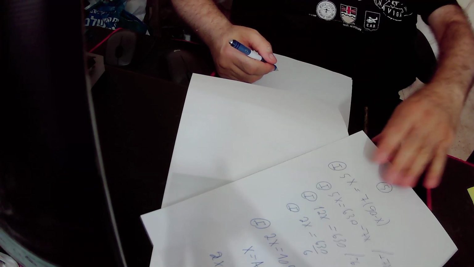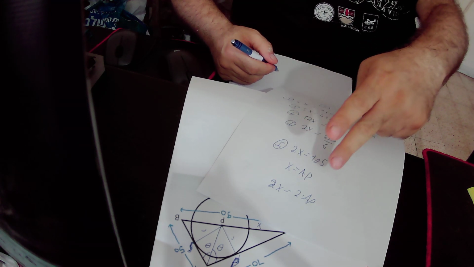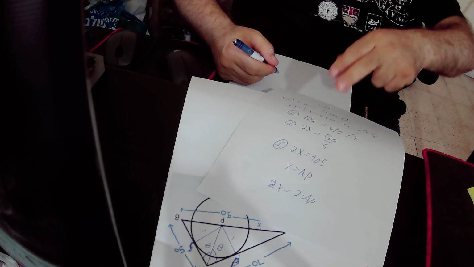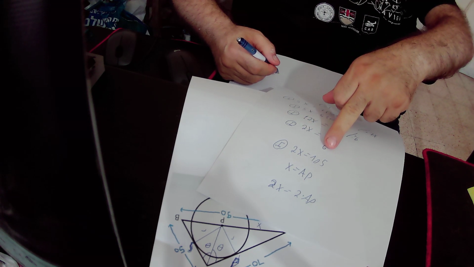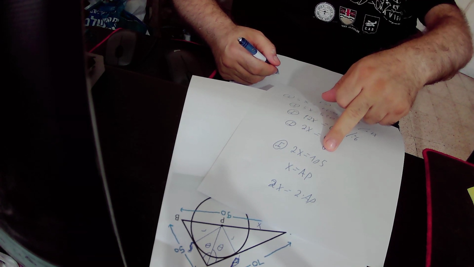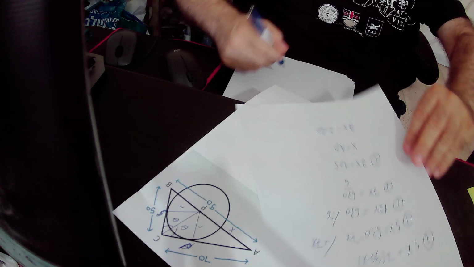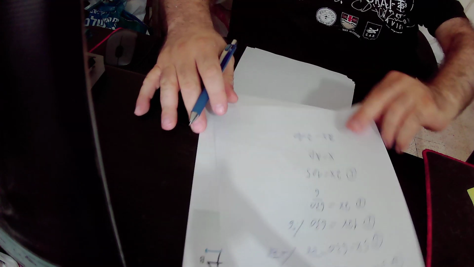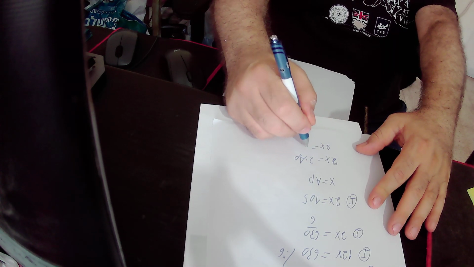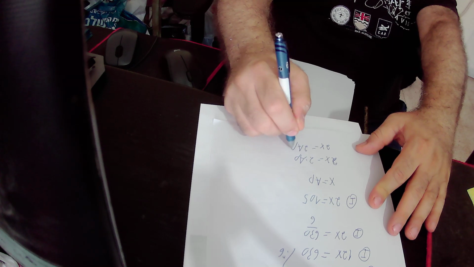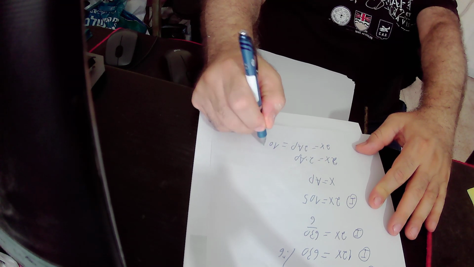Okay, x equals AP, so 2x equals 2 times AP. And 2x also equals 105, so we can write 2x equals 2AP, and it also equals 105.